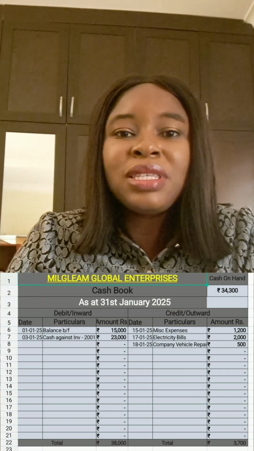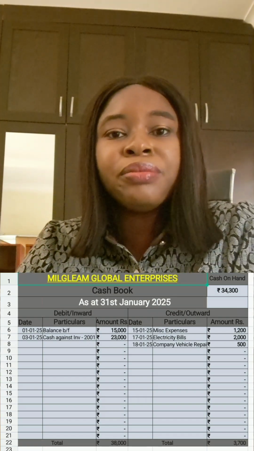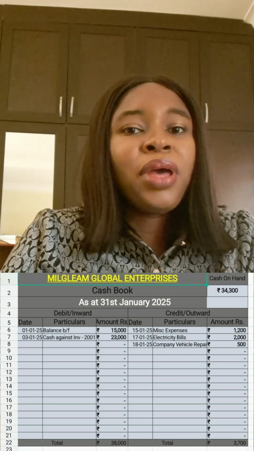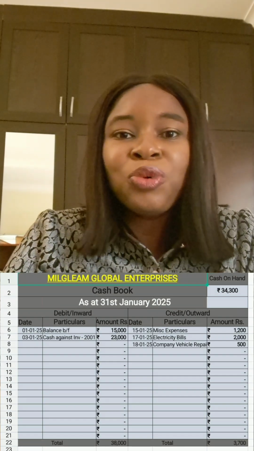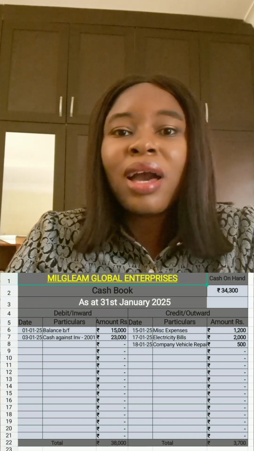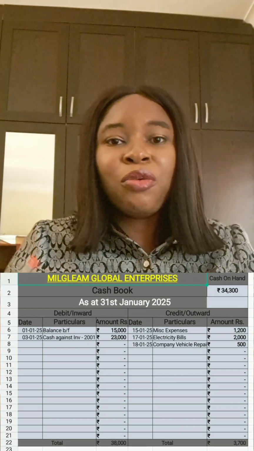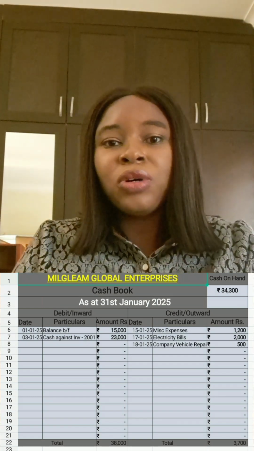So you have the receipt column, and you also have the payment column. There is a single cash book and there is a double cash book. I'm going to leave a picture of a cash book on this video so that you will see what a cash book looks like.